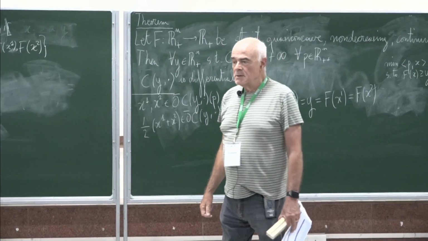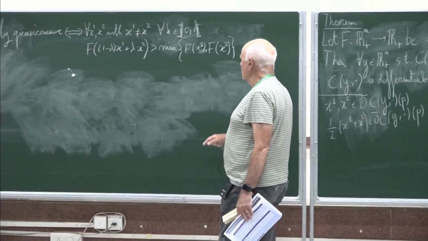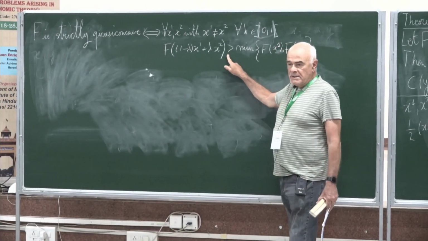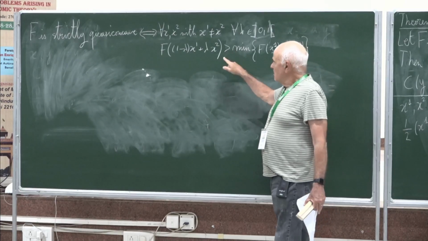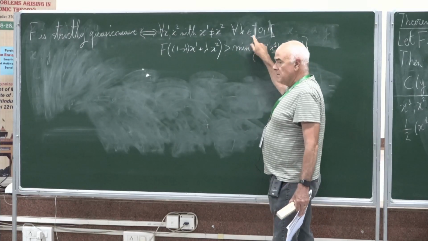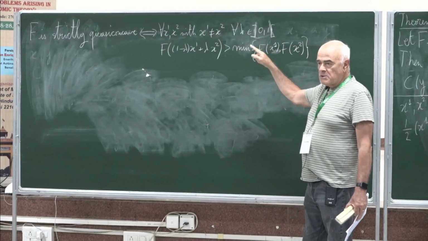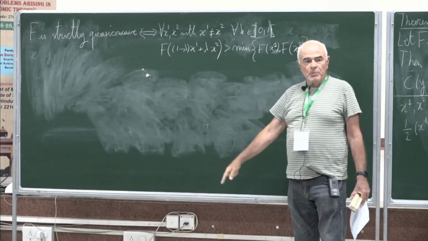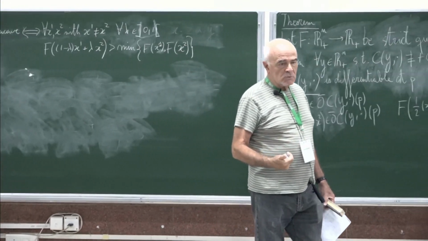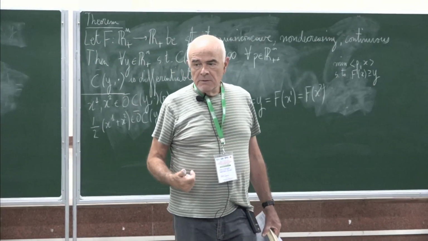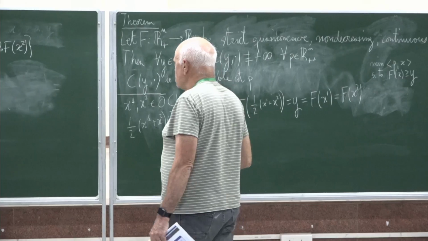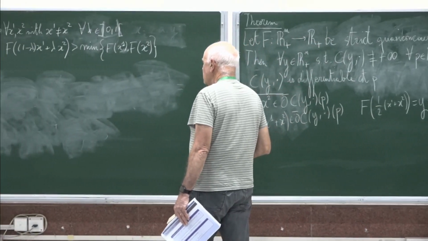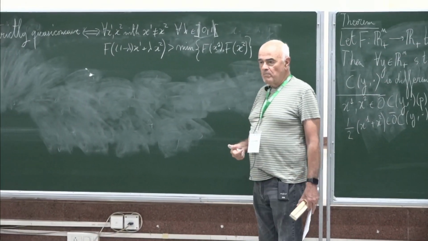So this is the quasi-concavity inequality, but strict whenever possible. It is impossible if lambda is either 0 or 1, so I exclude these cases, and it's also impossible if x1 is equal to x2. The strict inequality in general. So I exclude these possibilities, and then I call this function strictly quasi-concave.